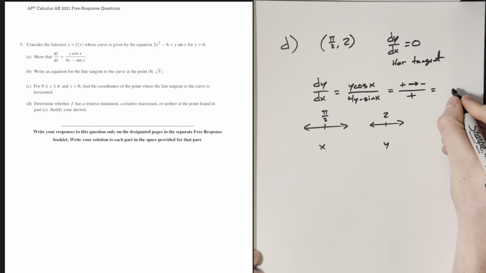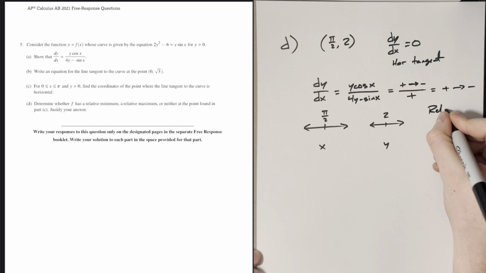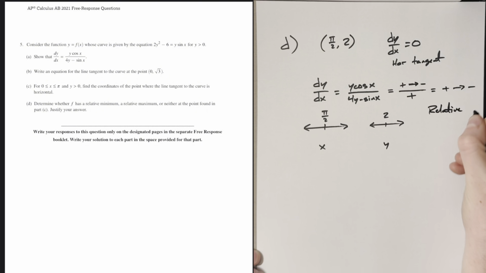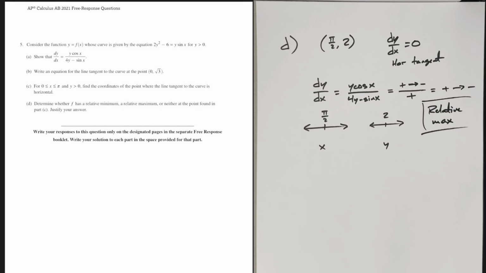So my entire derivative is going from positive to negative. Therefore, this is a relative maximum. And this would be our correct answer to part D.